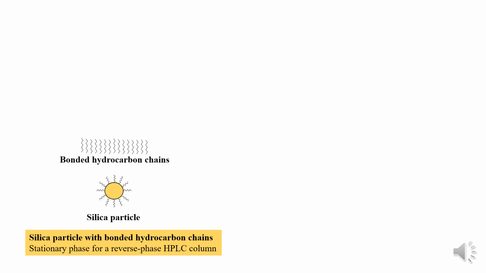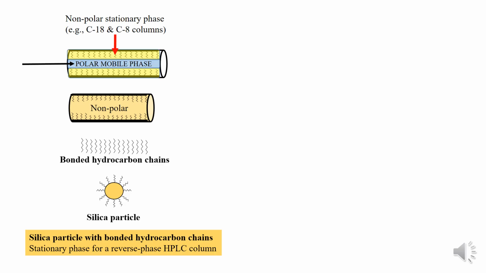So in case of C8 column, it is silica bonded octyl group. And in case of C18 column, it is silica bonded octadecyl group. Of these two columns that are widely employed in reverse phase HPLC, the C18 column is more non-polar because of the greater number of carbon atoms.